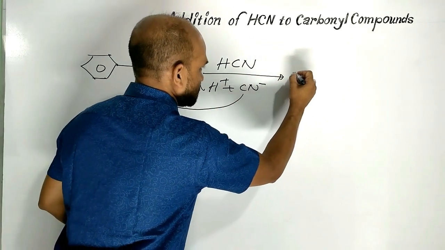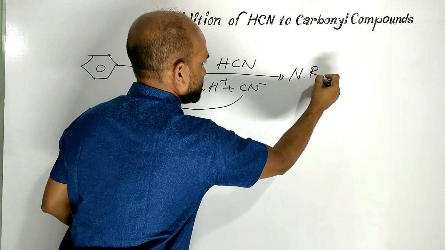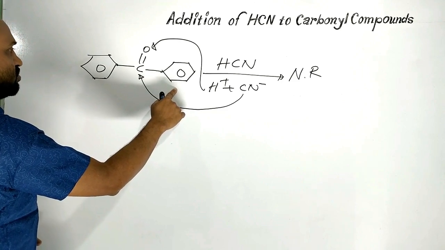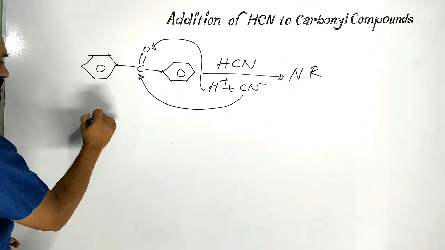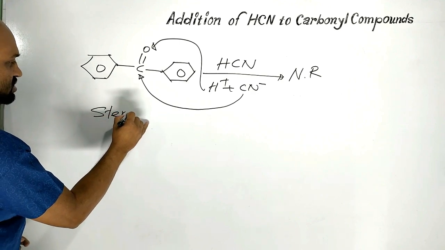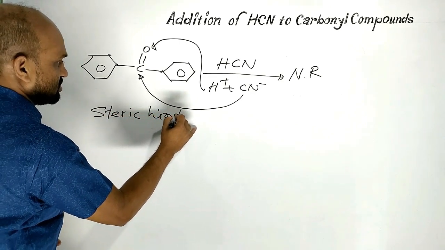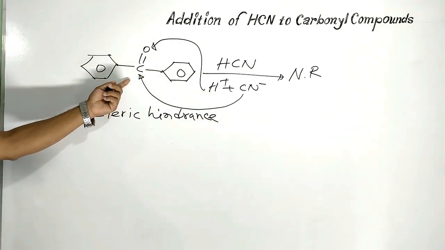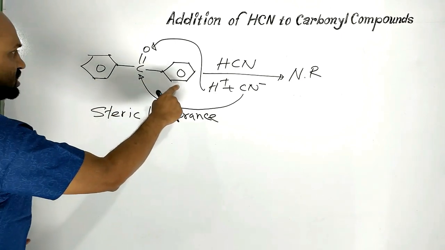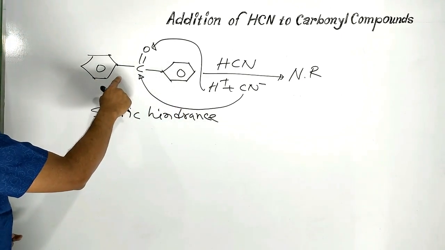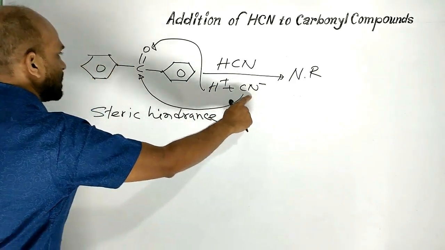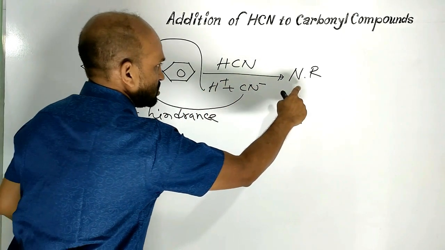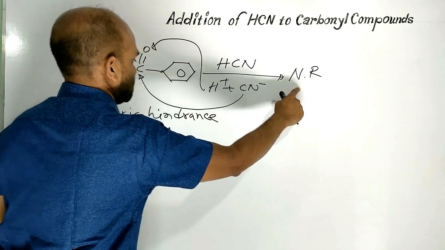But in this case, actually, no reaction occurs because here two phenyl groups of large size create steric hindrance. Because of the steric hindrance by two phenyl groups of large size, nucleophile cannot attack the positively charged carbon. That is why no reaction takes place.